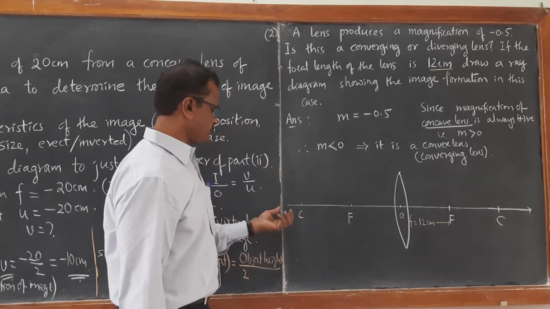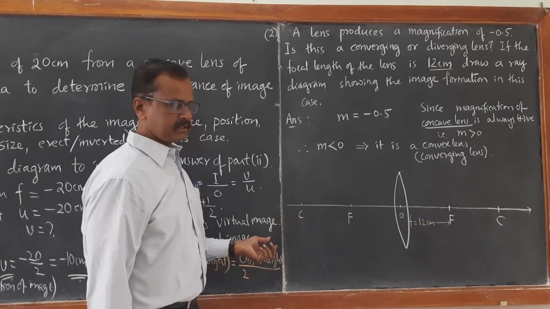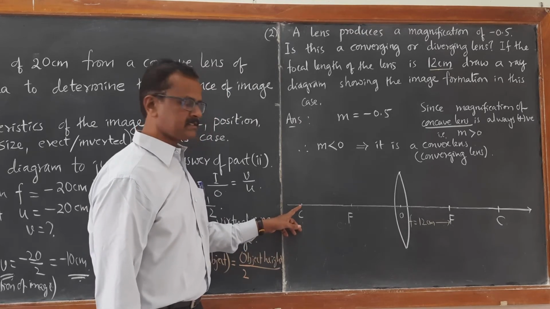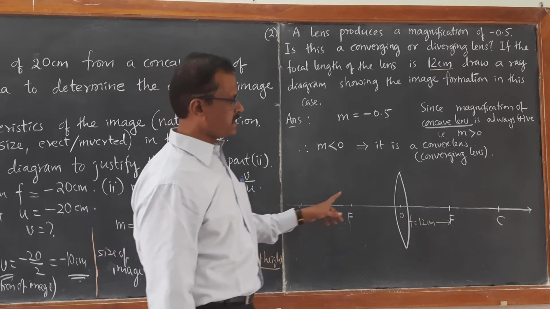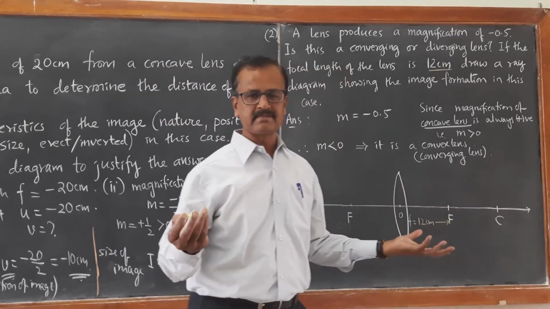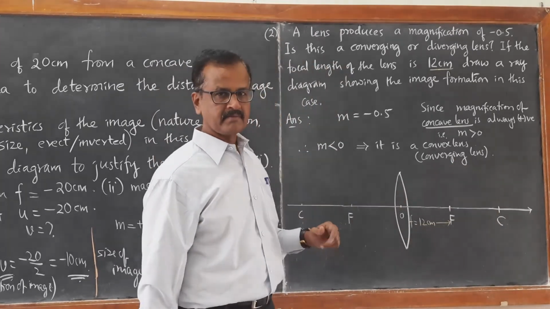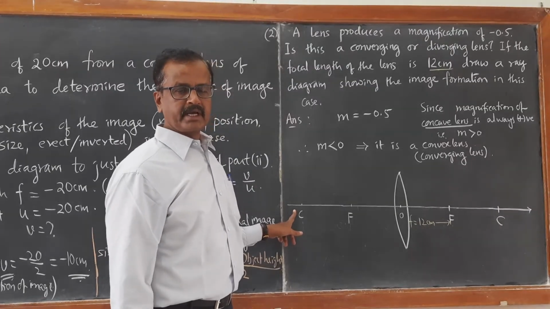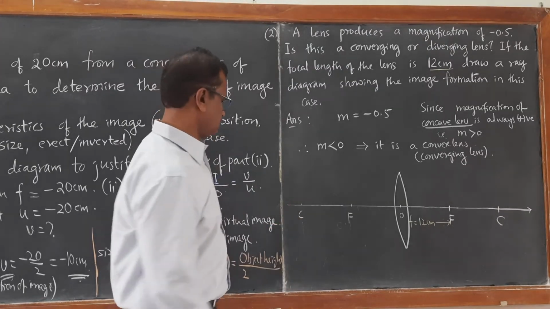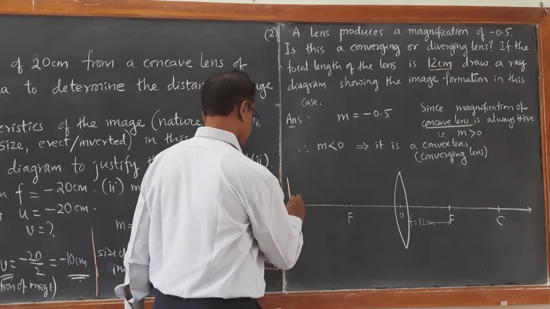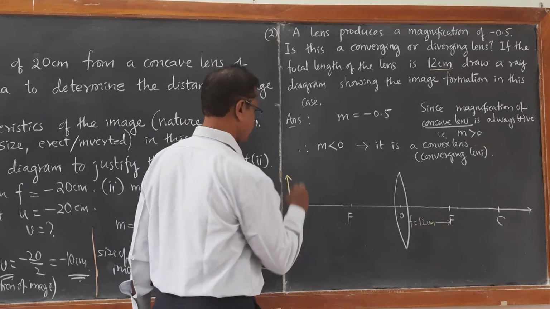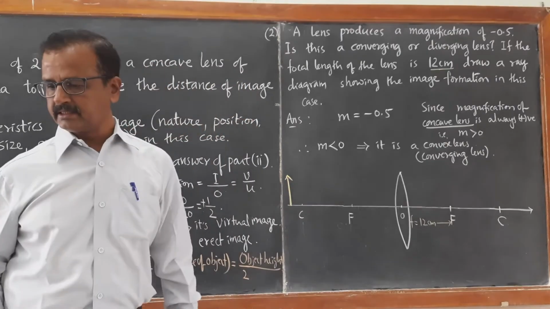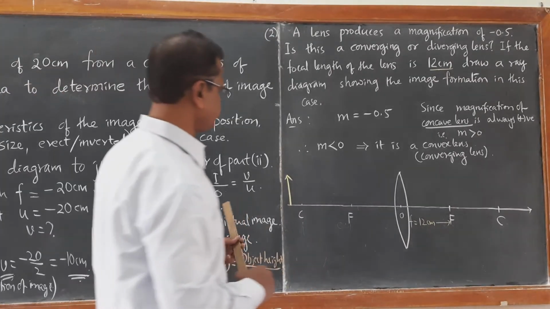So we must keep the object beyond C. Suppose if we keep the object at C, then image will be exactly found at C of the same size. Then magnification becomes minus 1. Here, object should be kept beyond C. So if this is the position of the object, then we will be able to get real image.